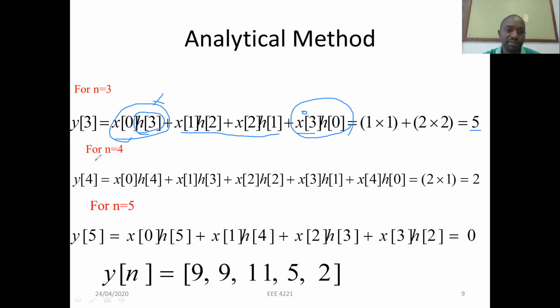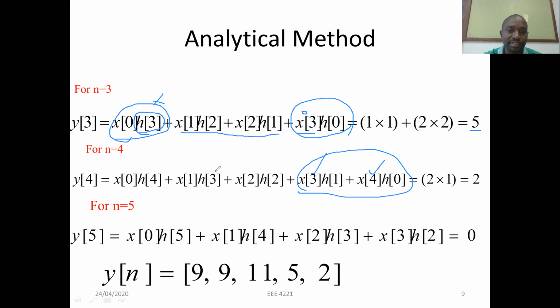Next, you substitute for n equals 4, you're going to have y of 4 equals x of 0, h of 4, plus x1, h of 3, plus x of 2, h of 2, plus x3 times h of 1, plus x of 4, h of 0. Again here, the last two terms here are not valid because we don't have x of 3 in the x of n sequence. We also don't have x of 4.